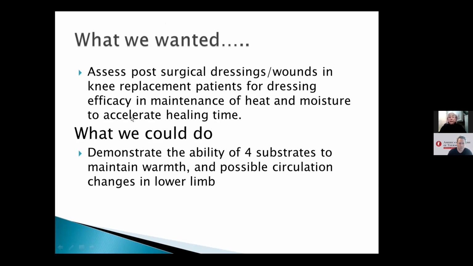So our objective in doing this study was to assess actually knee surgeries. We were looking at the patient prior to the application, and then following that patient after surgery. But as many of you know, getting an IRB in order to do some of the research that we had proposed is very challenging.